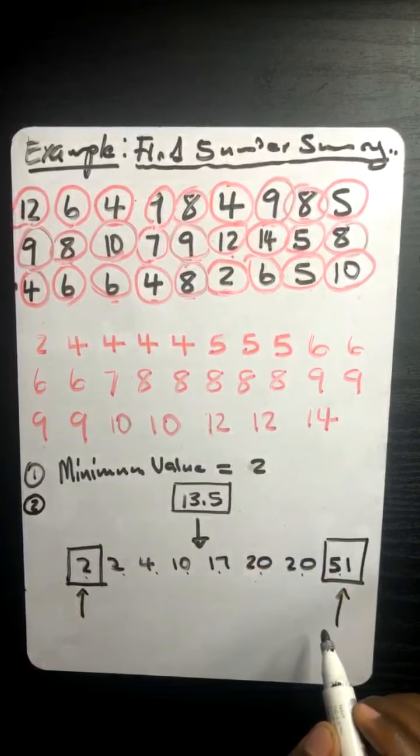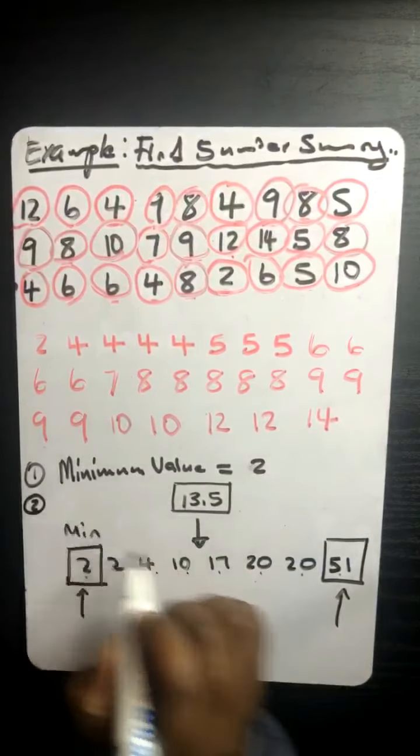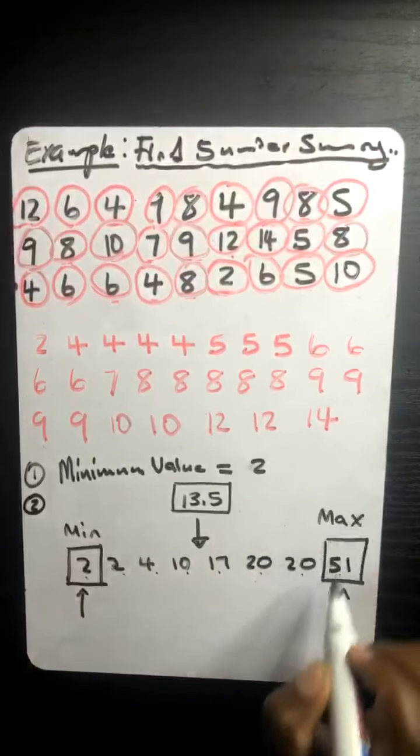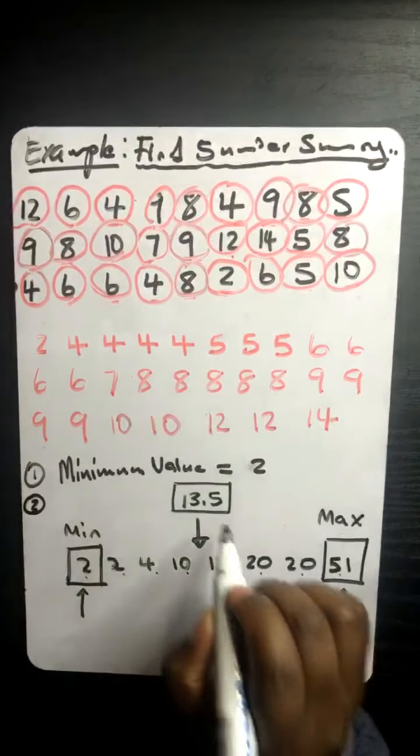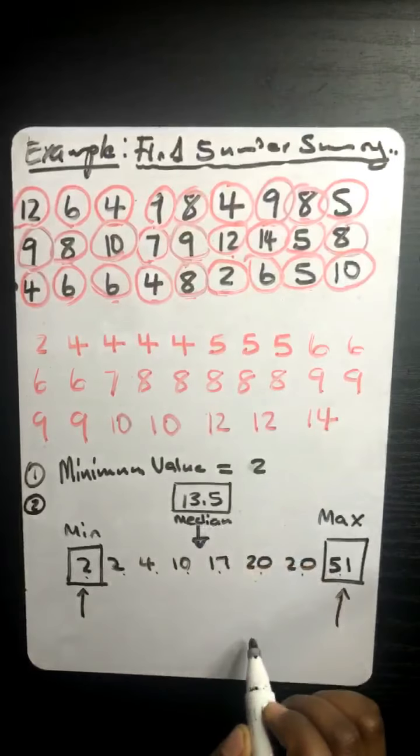Remember, we still have Q1. So this is min, this is max, this is the median, or the middle quartile.